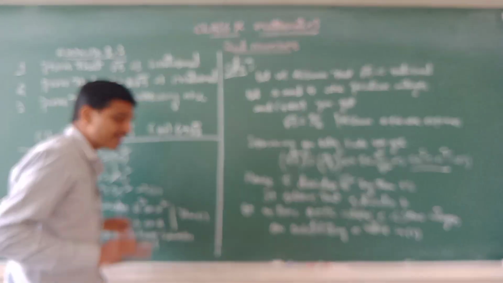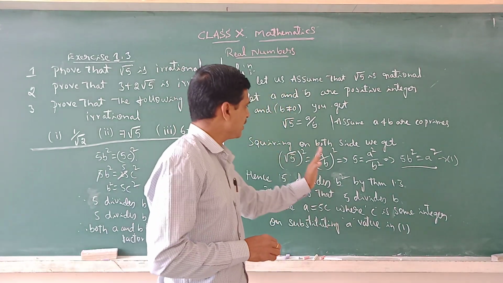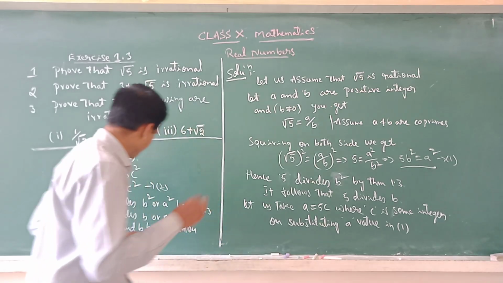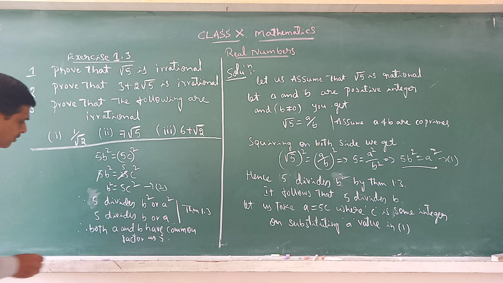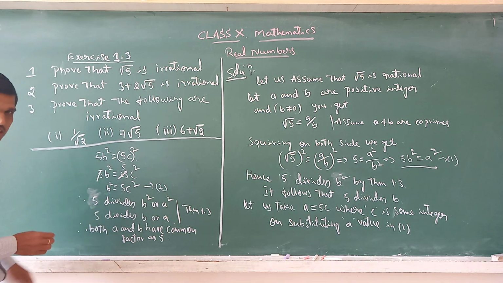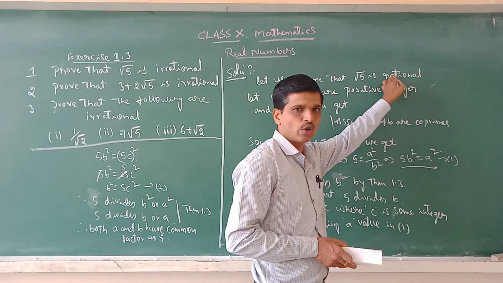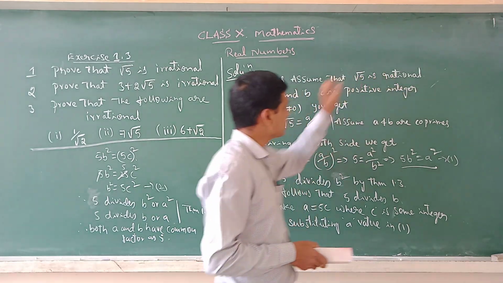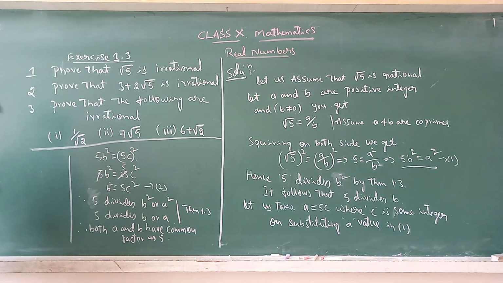But it contradicts our assumption, because a and b are co-prime numbers. So that is why we can prove our assumption is wrong. Our assumption, what we assumed, that root 5 is rational, this becomes wrong.